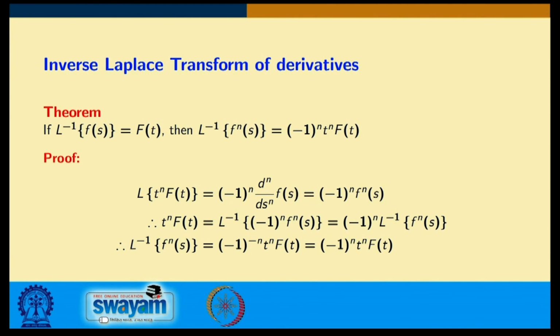From here I am writing minus 1 to the power n F^(n)(s), and then I am getting the result directly, Laplace inverse of this equals minus 1 to the power n Laplace inverse of F^(n)(s), and I can write this this way. So, ultimately we are getting the proof.